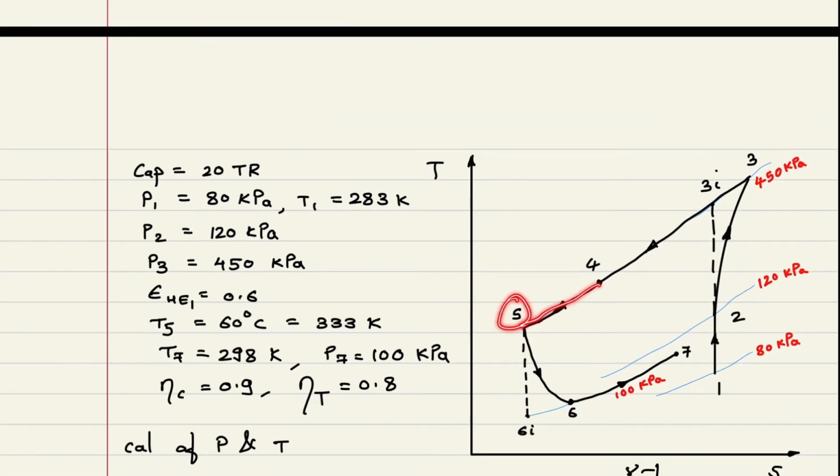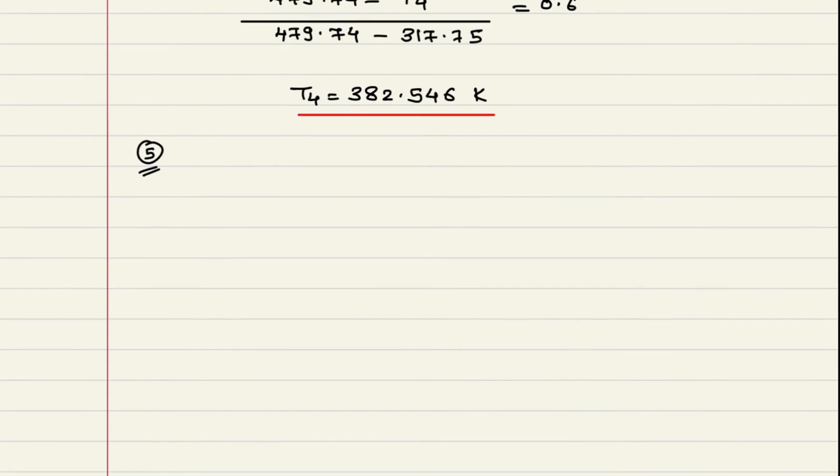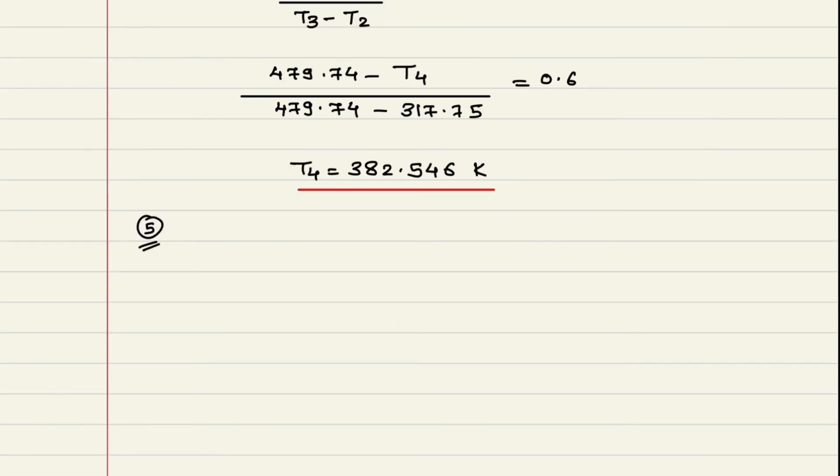So P5 is equal to P3, which is 450 kilopascal. What about T5? This temperature is also given in the question, 333 Kelvin. So no need to write about point 5 again. We will go for point 6.